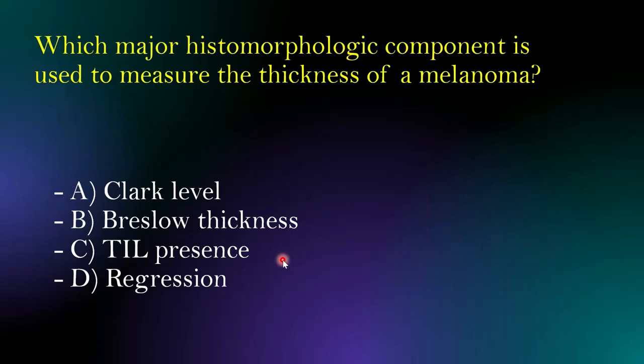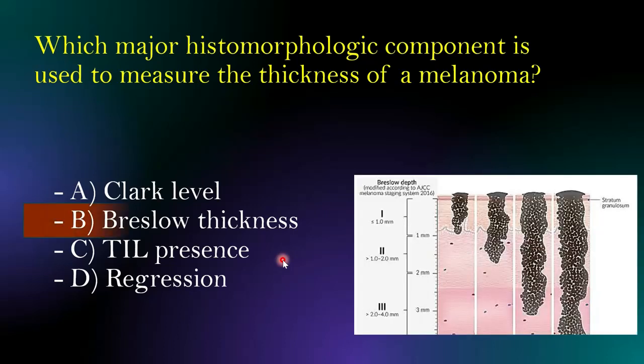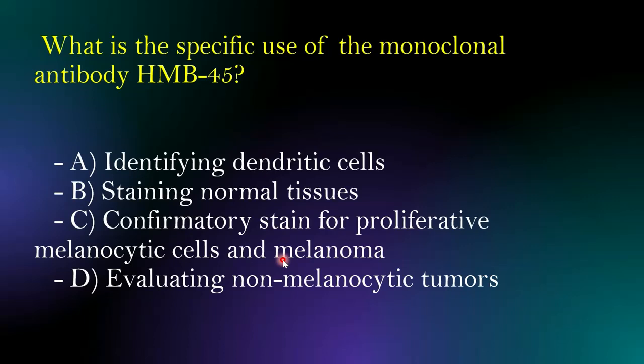Which major histomorphological component is used to measure the thickness of melanoma? Clark level, Breslow's thickness, TIL presence, and regression. Clark level and Breslow's thickness can be used, but Breslow's thickness is now more commonly used and used in TNM staging. What is the specific use of monoclonal antibody HMB45?